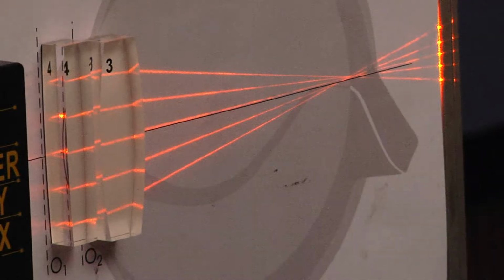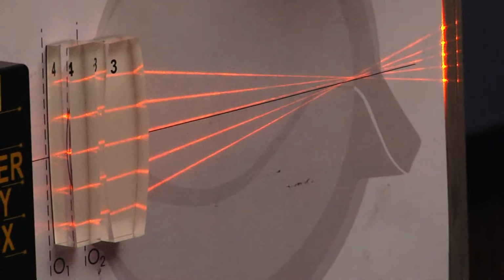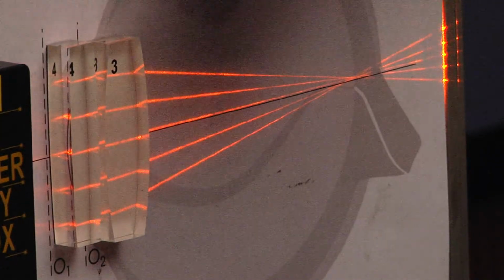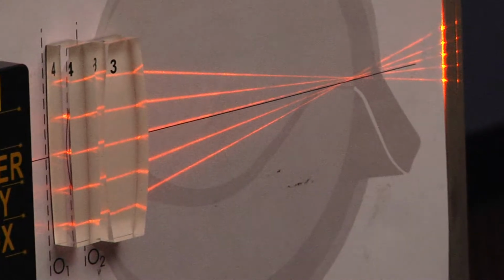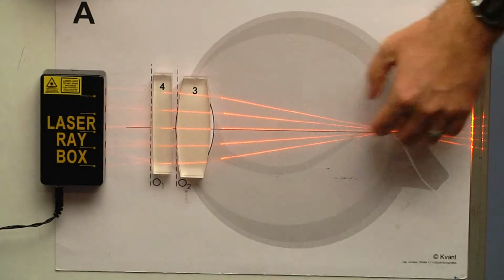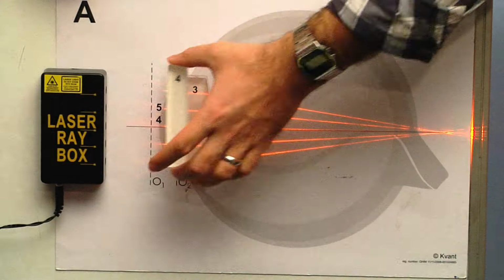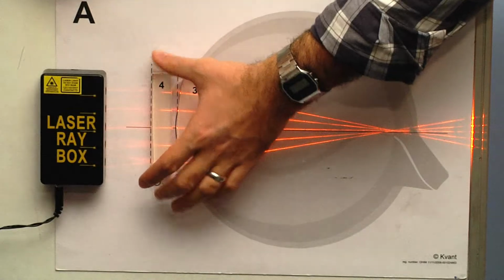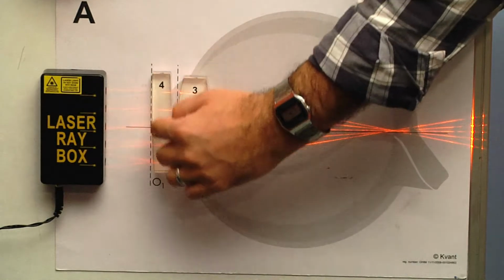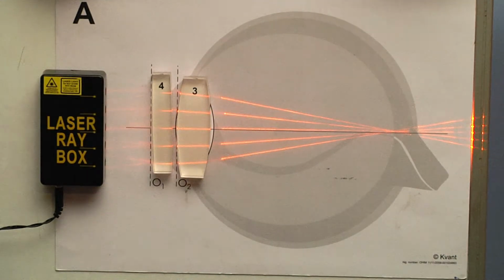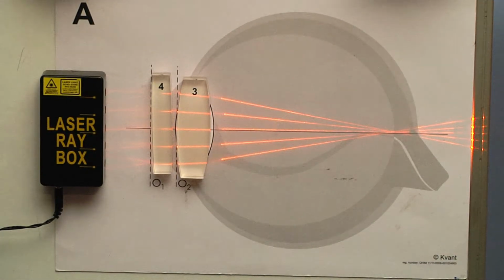And after that, we're going to show you how you can find the focal length of a lens. So we need to decide what is the difference between this point and this point, so that we're going to know the lens that we should use. That's going to determine the size of the glasses that we are using.